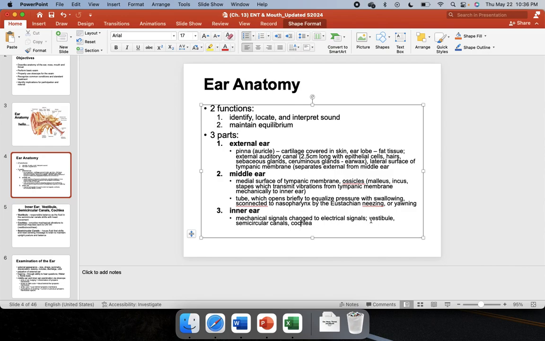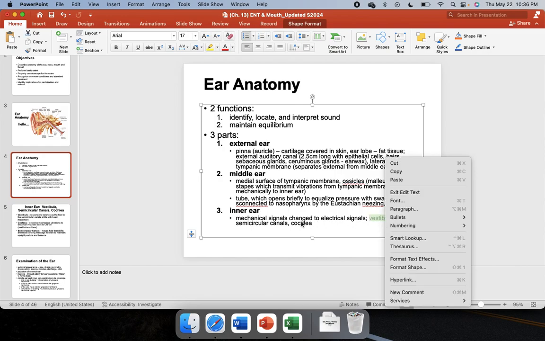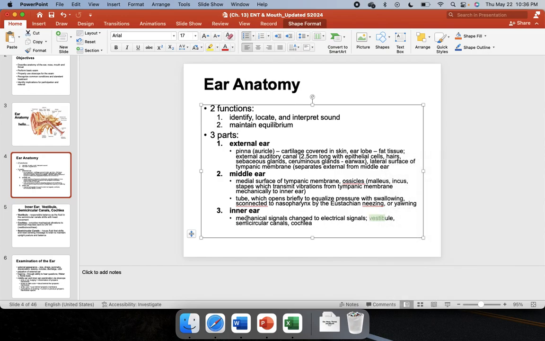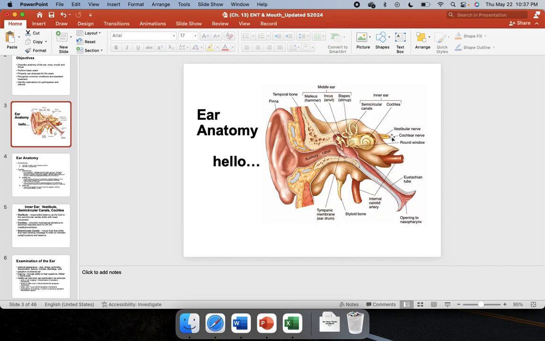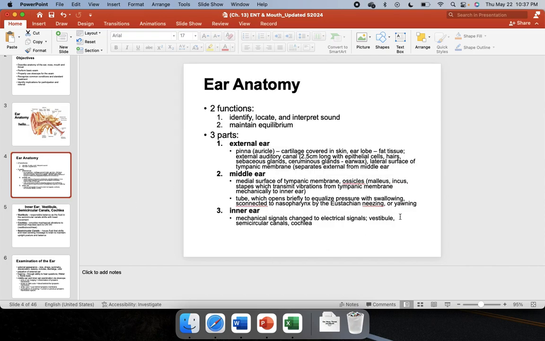So these structures are particularly responsible for changing the mechanical signals that are transmitted via conductive sounds, so these vibrations, to electrical signals. So you'll notice when we look at this picture, we're going to have these nerves coming into this cochlea, semicircular canals, and vestibule.